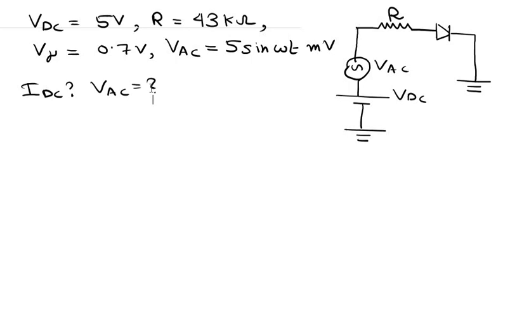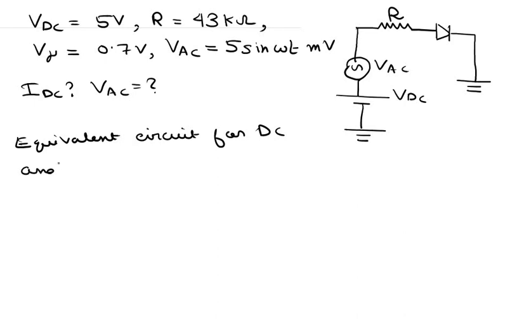Okay, so when we do the DC analysis, or when we try to figure out the DC component of the current, we remove this AC voltage source, and our equivalent circuit for DC analysis basically becomes like this.